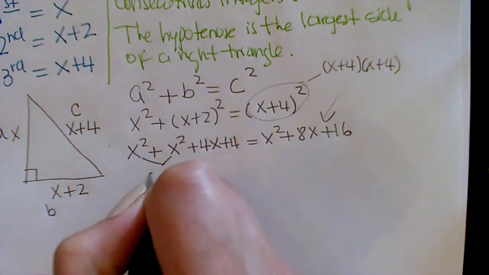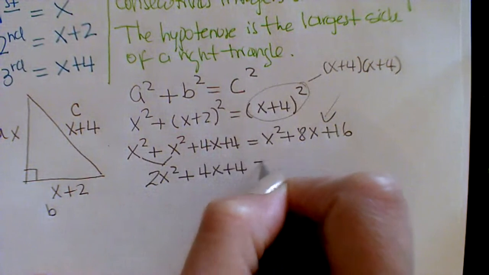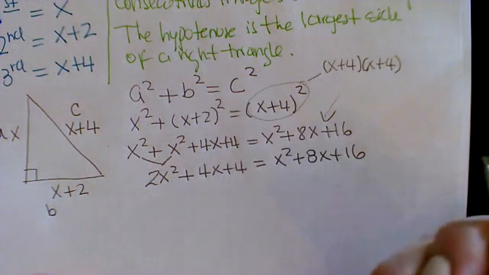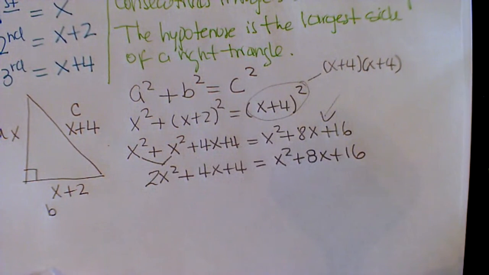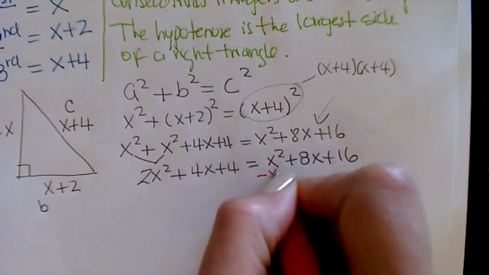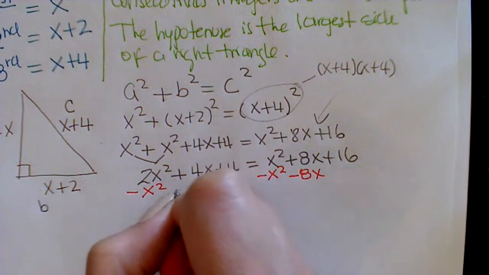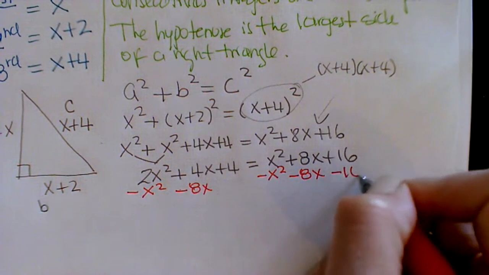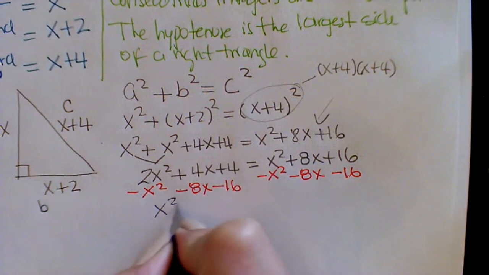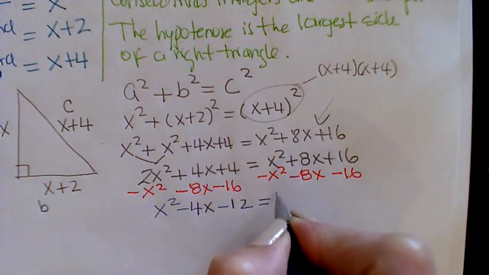Let's combine these two. So we have 2x squared plus 8x plus 16. Make a 0. There we go. So it's x squared minus 4x minus 12 is equal to 0.